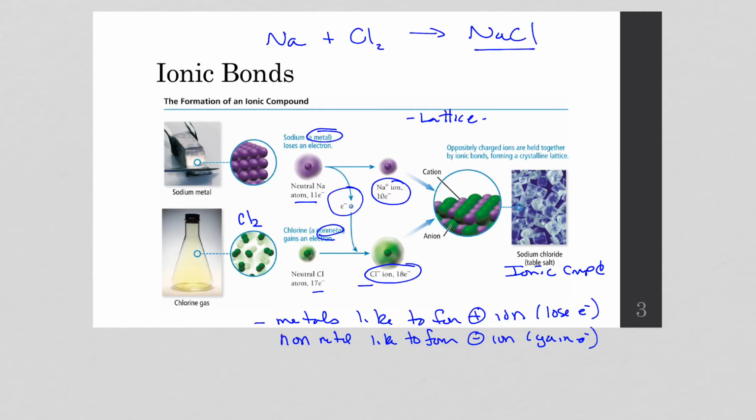A lattice is simply a three-dimensional structure with alternating positive and negative ions.